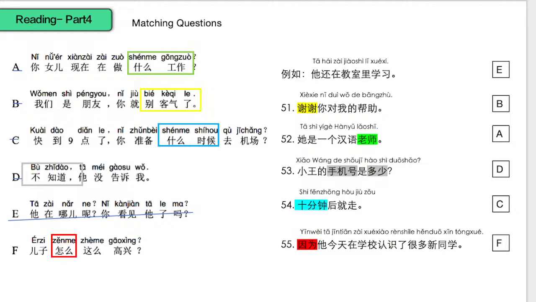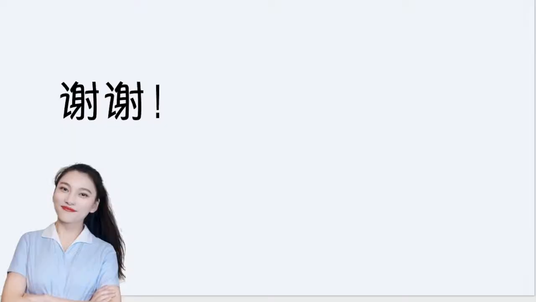F: 怎么 and 因为. Look, they have a relation between the options and the choices. That's all about part 4, and also all about part 1, HSK1 and HSK2.